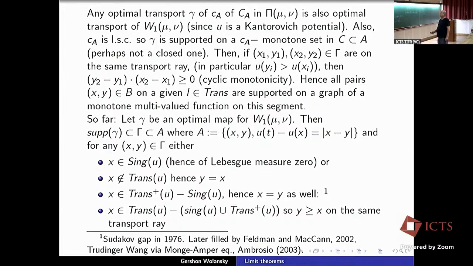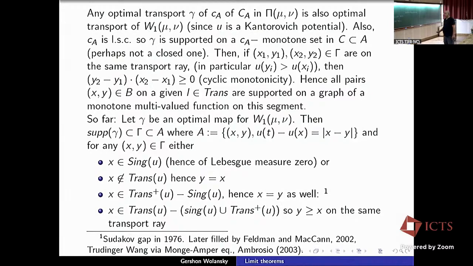And the other points are the points on the interval itself, which are not singular and not at the end point, but may have a jump in the monotone map of the line.